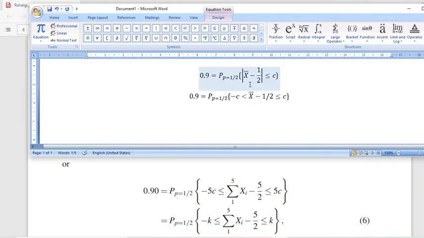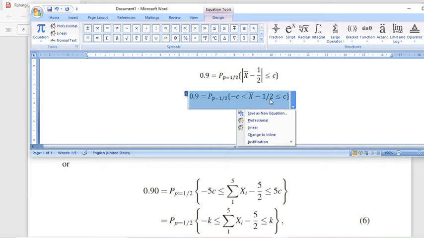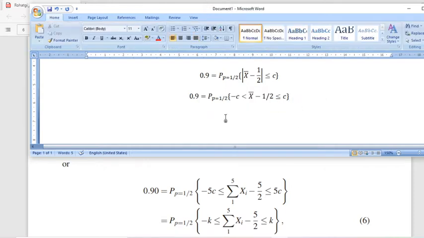We have used the definition of mode, and now we proceed by substituting x bar.